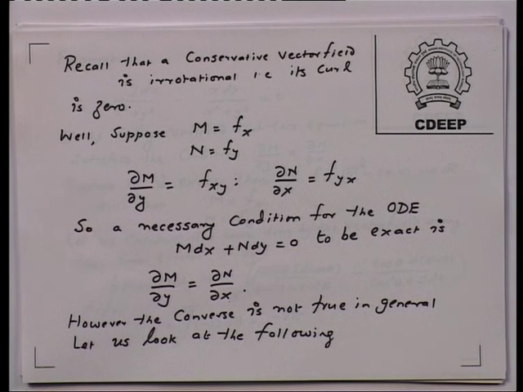So, condition A is that the integral along a closed curve is 0, condition B is that the vector field is the gradient of a scalar field. The third condition is that the curl of the vector field is 0.